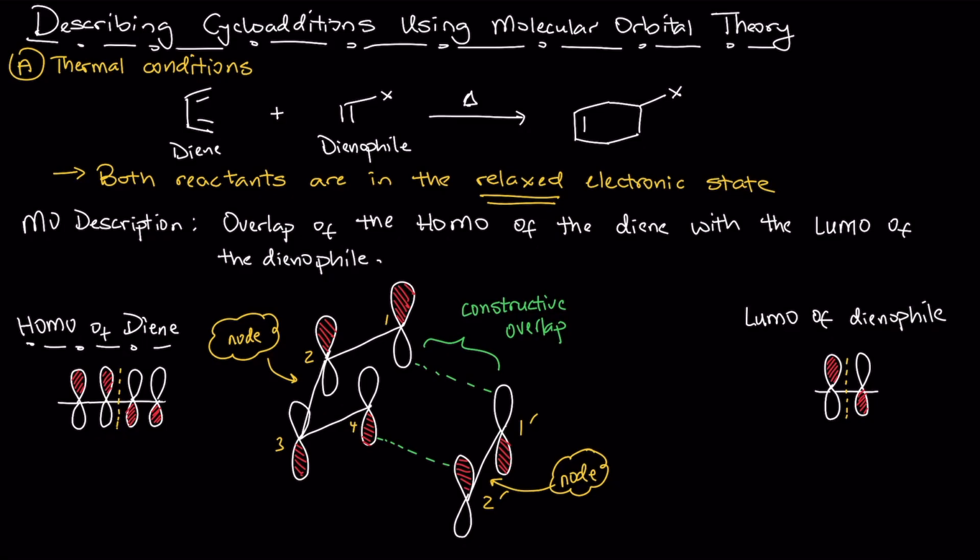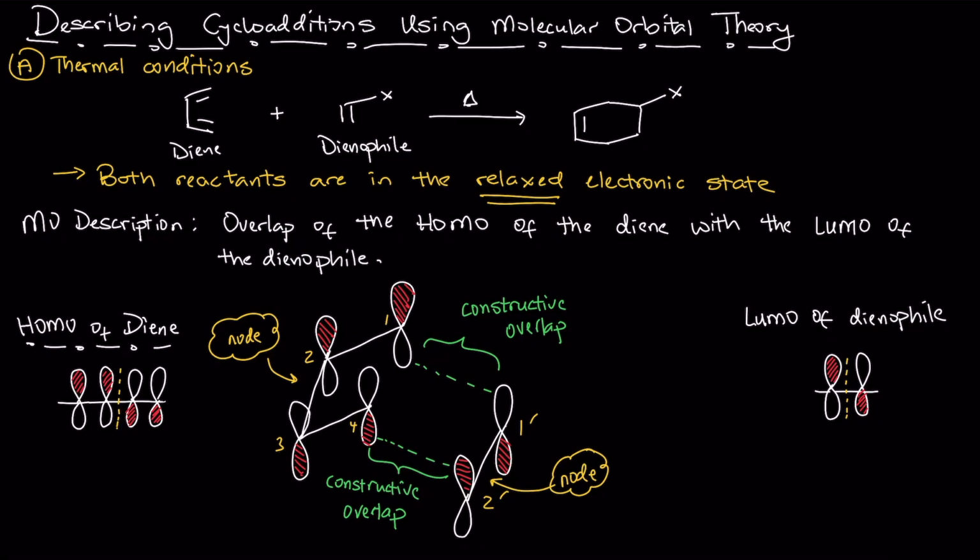And so now you can have another constructive overlap between the 4 orbital and the 2' orbital. And so we see that on both ends of our cycloaddition, we see a constructive overlap when you sandwich essentially the ends of the orbitals on top of each other.